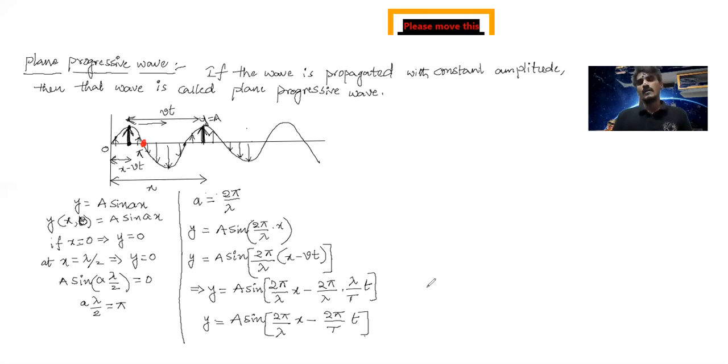This is the general equation of a plane progressive wave that we have got until now. Observe that y is equal to a sine 2 pi by lambda into x minus 2 pi by T into t, small t. Understand? This is the general equation of a plane progressive wave.